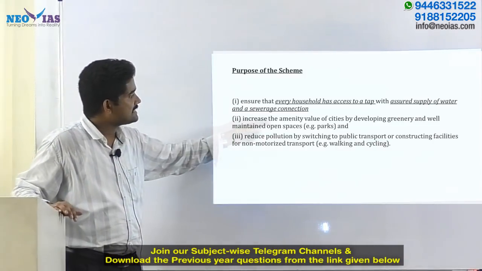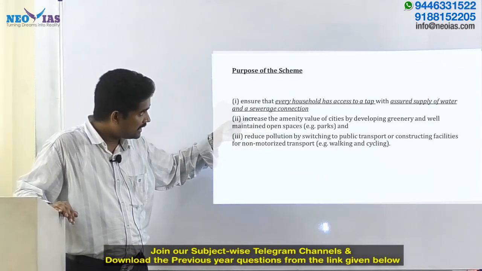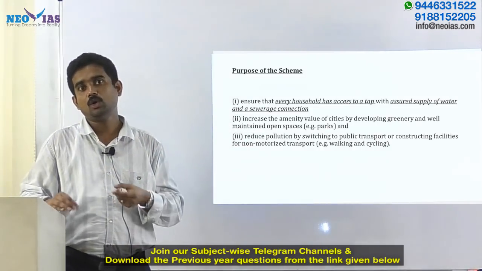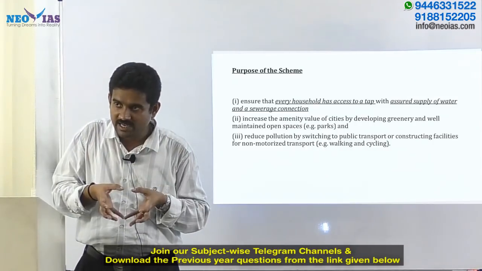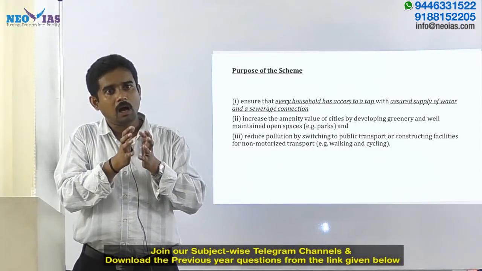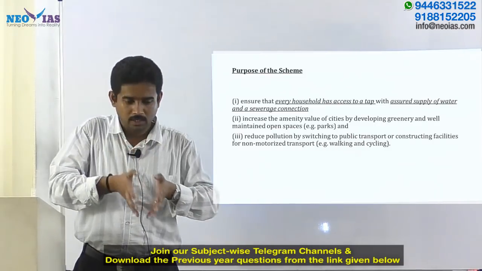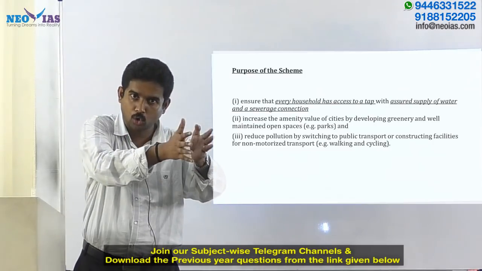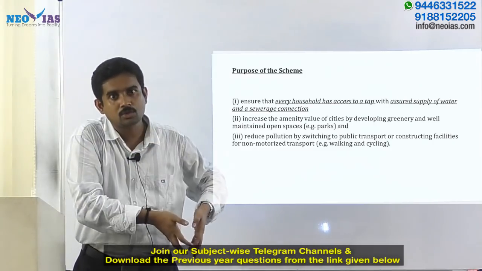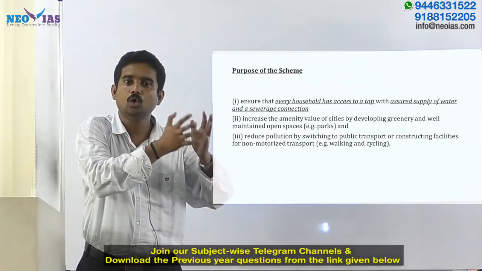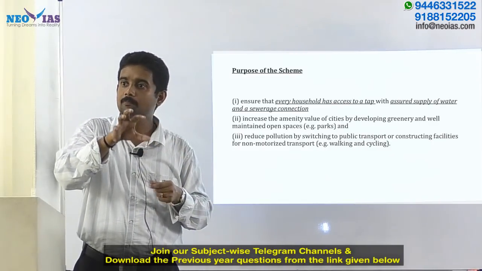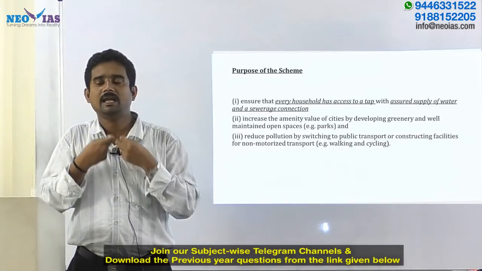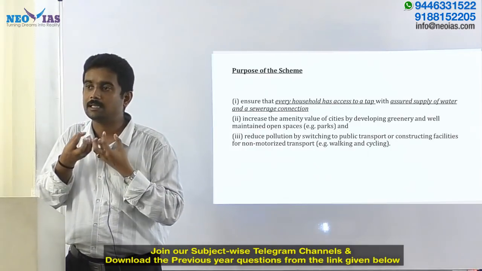Then, increase the amenity value of cities by developing greenery and well-maintained open spaces. If you go to the European or Western nations, especially in public spaces, there are specific areas in which vehicles should go, specific areas for cyclists to move, specific areas for people to walk, and specific areas for open spaces like parks, etc. Which ultimately facilitates mental health for people.